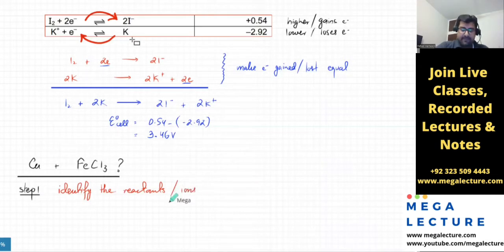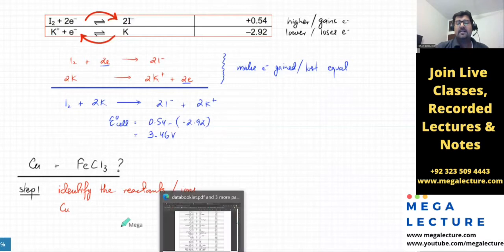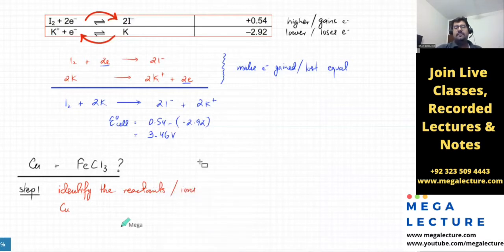Like in this case, we've got copper, which is a neutral metal. But FeCl3 is not one thing, because you will not find any equation for FeCl3. Just as NaCl is not one thing; it's Na plus 1 and Cl minus 1. Similarly, FeCl3 is Fe3+ and Cl minus 1. So don't think of FeCl3 as one entity. It's actually two things: Fe3+ and Cl minus 1.